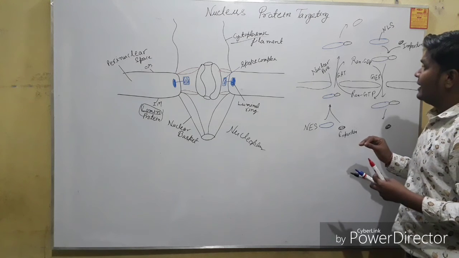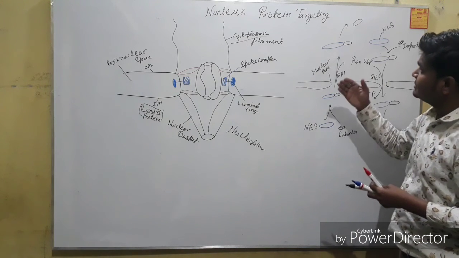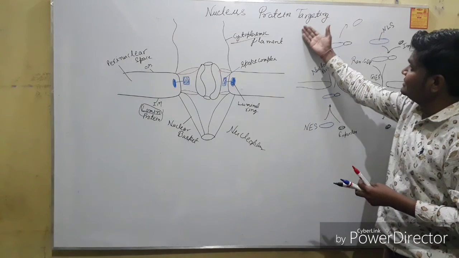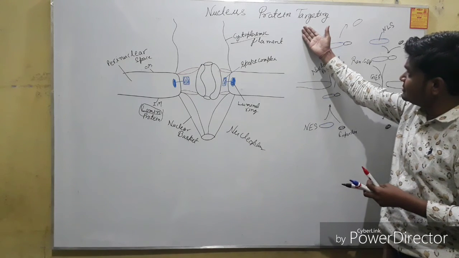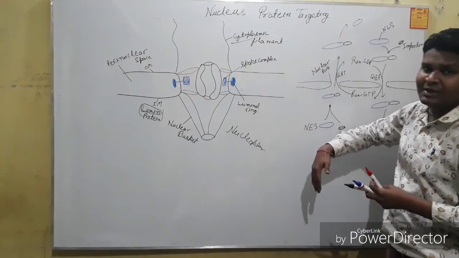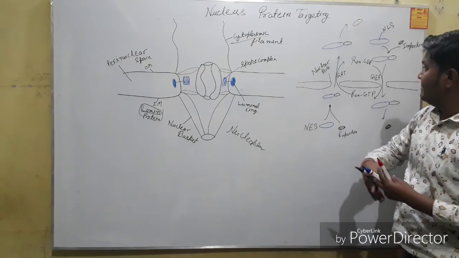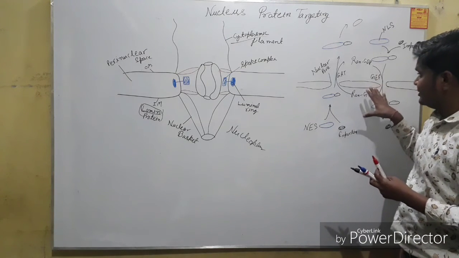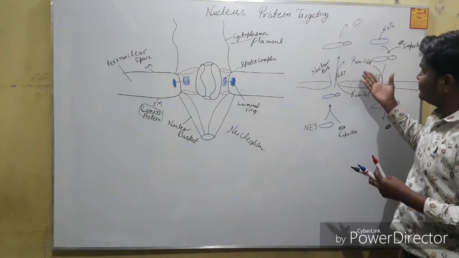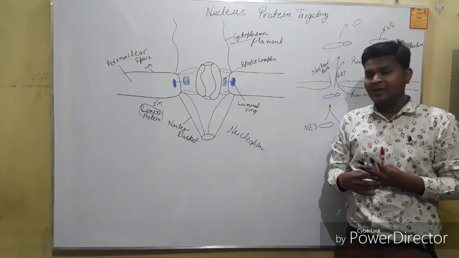Actually, proteins are synthesized inside the cytoplasm, and again they go inside the nucleus. We all know it. But these factors are responsible for exportation and importation in the nucleoplasm.